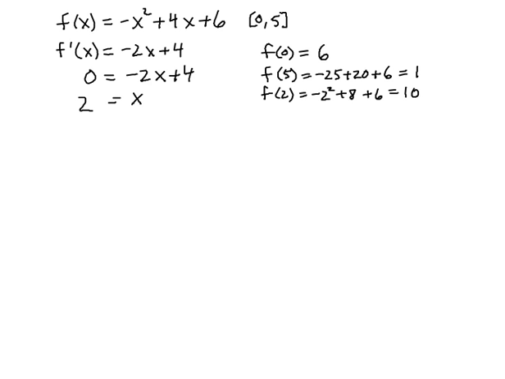So to conclude this, we have an absolute maximum functional value of 10 at x equal to 2, and an absolute minimum functional value of 1 at x equal to 5.